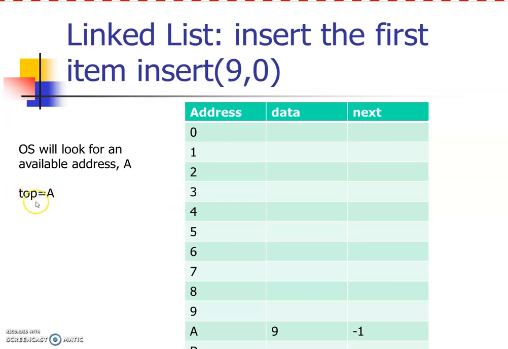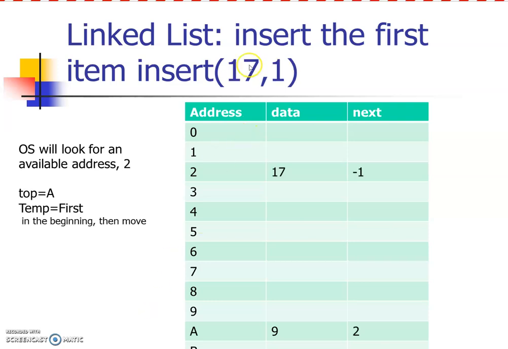Of course, you need to have a variable top indicating where the first item is going to be. In this example, for the very first item, top equals A, which provides the address of the first item's location. After this, we want to insert one more item after the 9, say 17, at index 1, the second location.